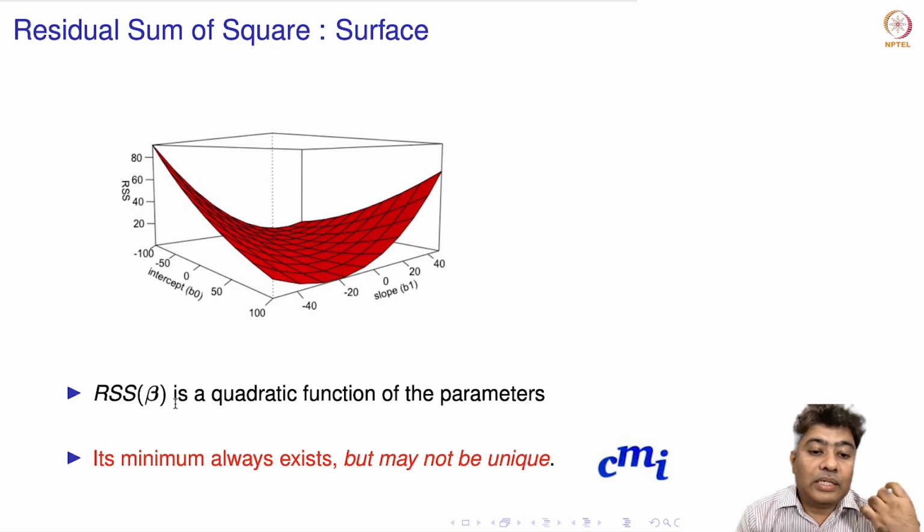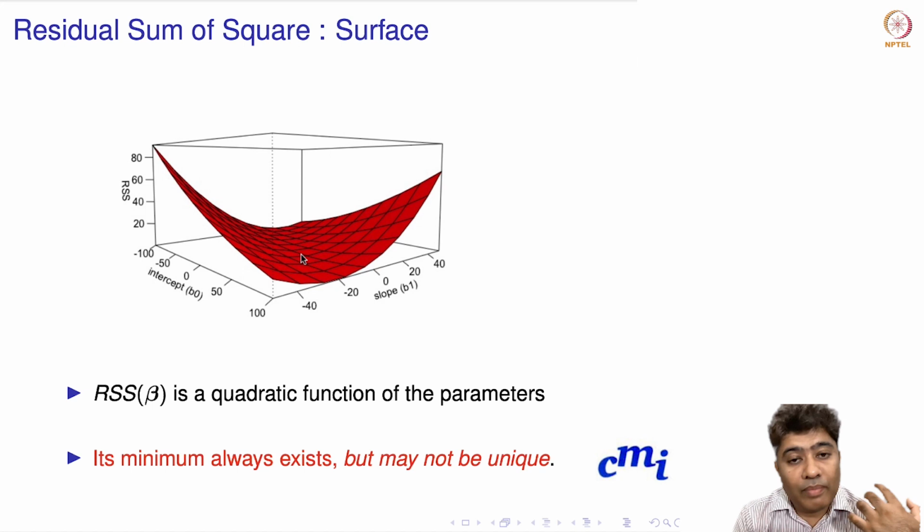And it turns out the minimum always exists, and it may not be unique, but the minimum always exists, and we will talk about it.